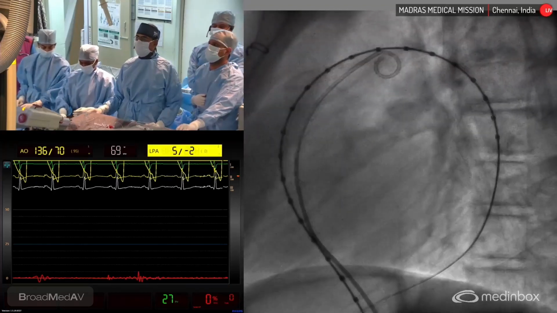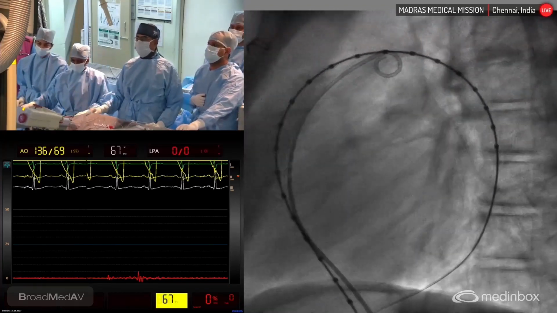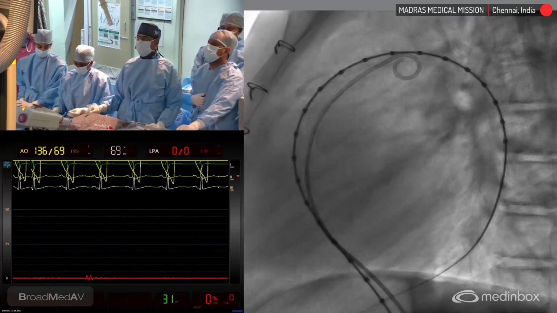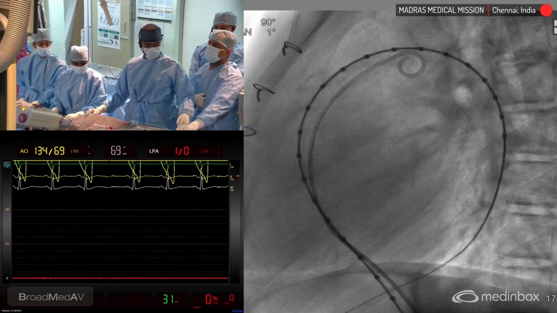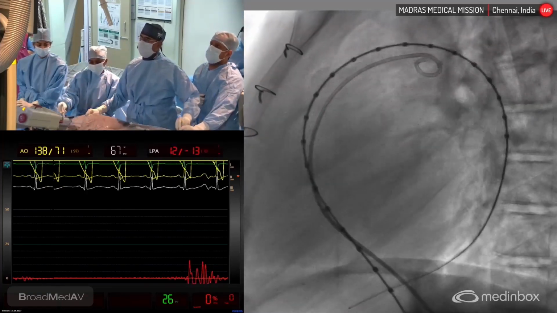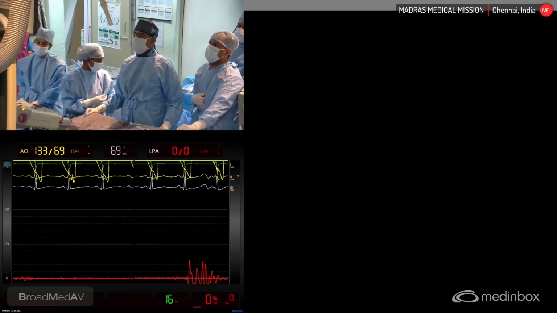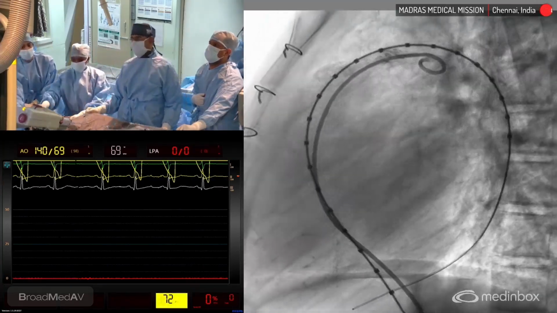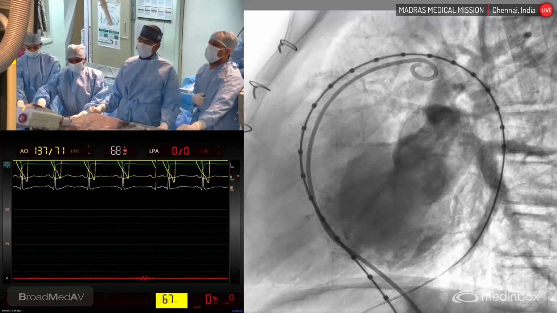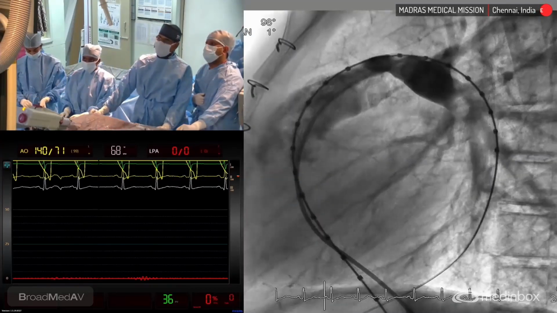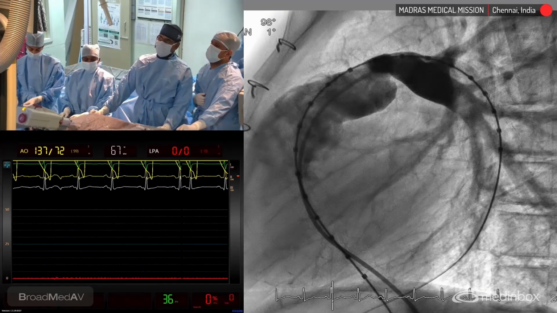Okay, now a little more, about 100 LAO. Yeah, that's fine. Ready for injection? We can appreciate the calcium in the right ventricular outflow tract in this view.